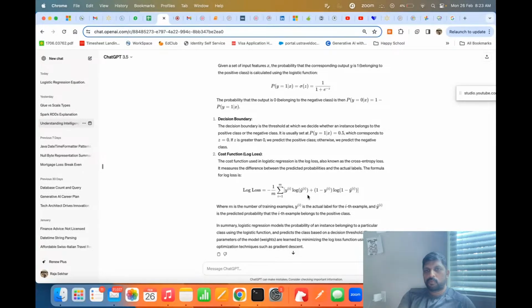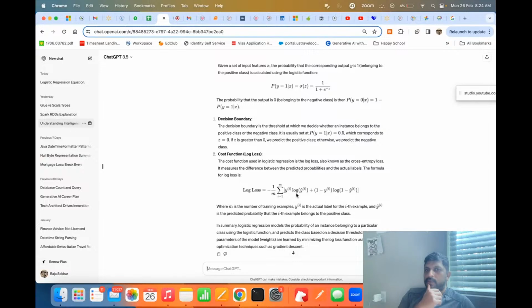So here you can actually see the difference. Based on the output value, whether y is 0 or 1, we pick up the loss. The loss is possibly two values, either it's log y or log 1 minus y.